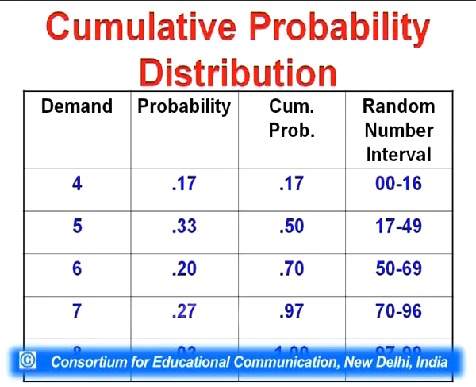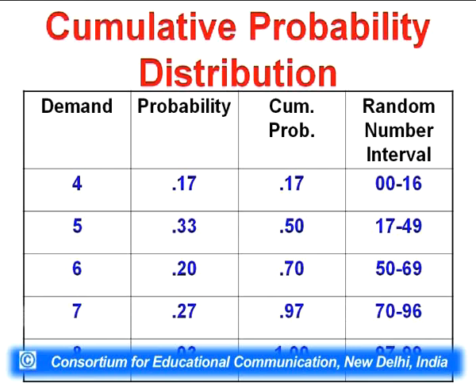So we'll write the demand taken from this particular column. Similarly, other random numbers and their demands are noted from this table. We see the interval where the random number lies, and against this interval we'll note down the demand.